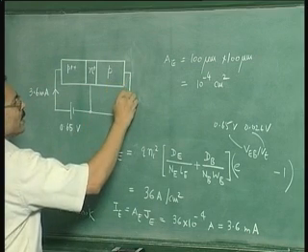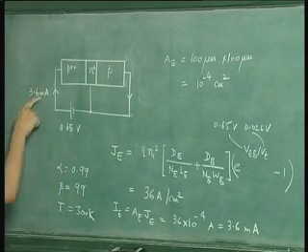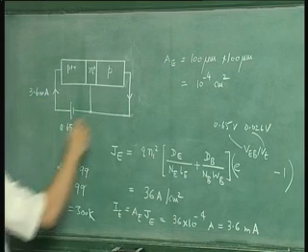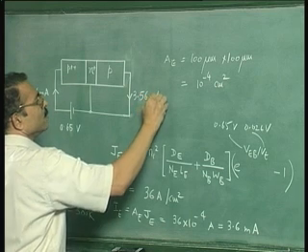And how much is the collector current flowing? Collector current is alpha times the emitter current. So 3.6 milliamperes into 0.99 will give you 3.56 milliamperes.